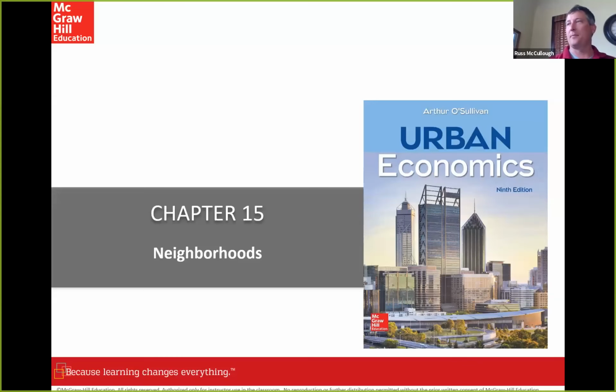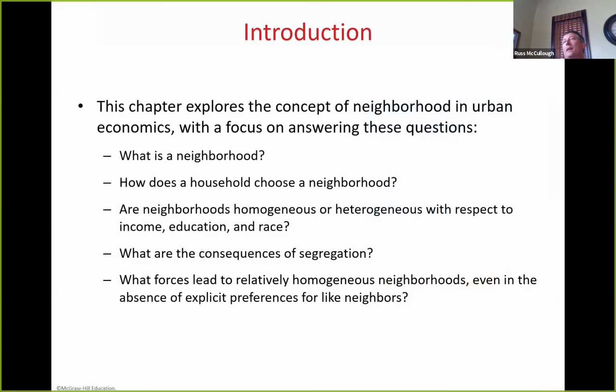Share screen, desktop 2 or desktop 1? I think it's desktop 1 apparently. Okay, so you guys are looking at a full screen that shows the cover of the textbook? Okay. This is where it gets a little wonky, but now this is actually kind of nice. I've got 2 screens at home, so I'm trying to fiddle here. So we're going to look at neighborhoods, and this chapter is going to get into the composition of neighborhoods and the composition of the city.